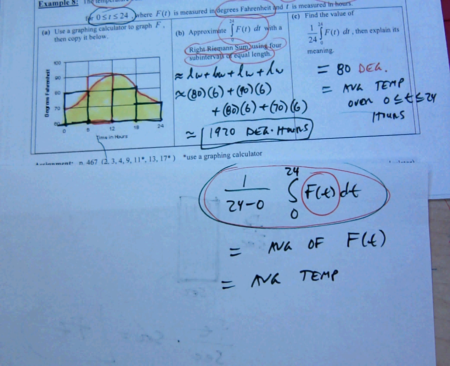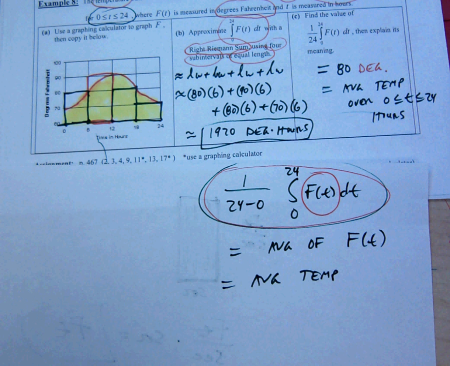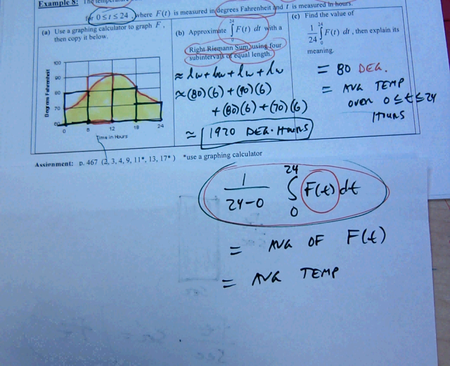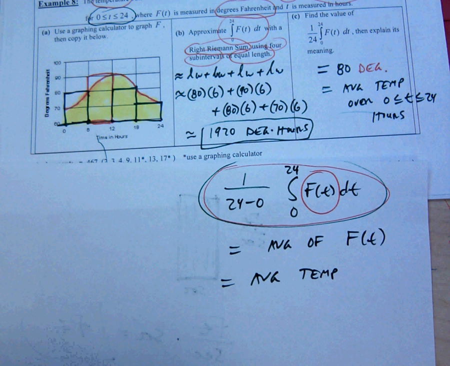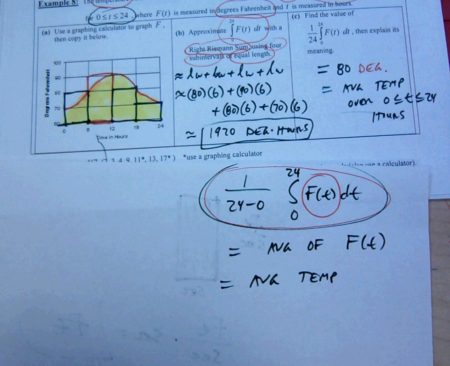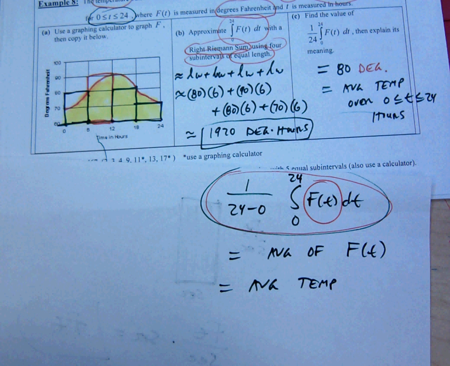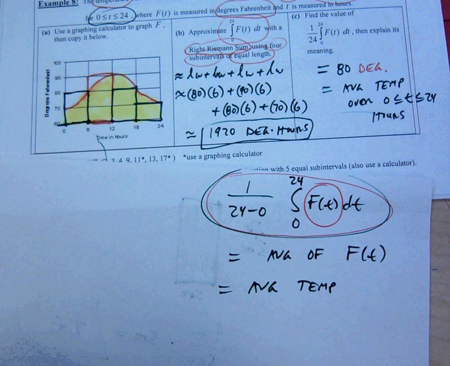All right, now wait a minute. Remember how I put one of those problems on the final exam where all I wanted you to do is figure out what the units on the answer are? They do that on every AP exam. They give you a scenario, they give you some units on the function and so on, and you have to figure out what the units are on the answer without actually doing any math.